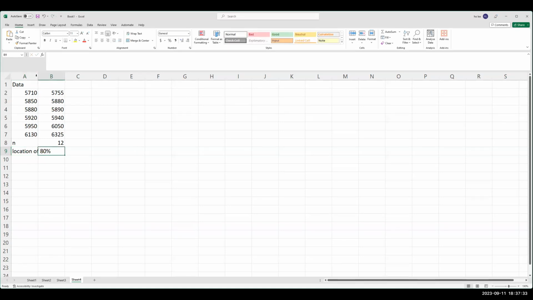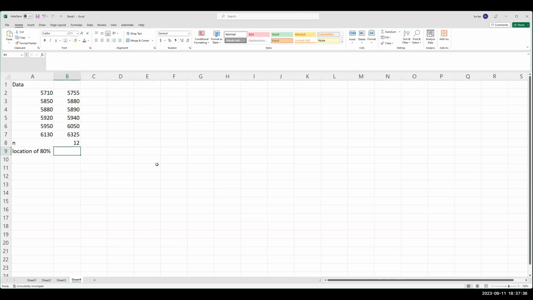So this is L80, which is Lp with p equal to 80.